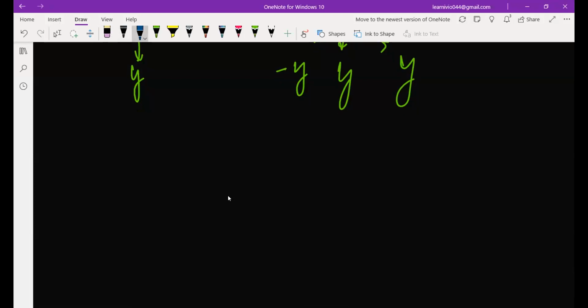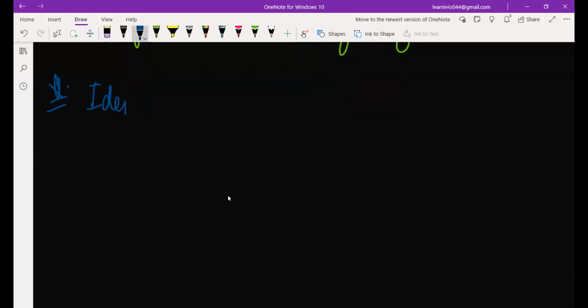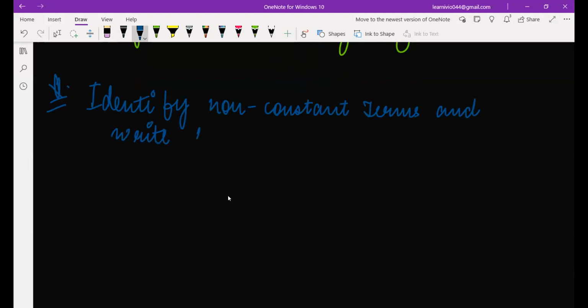Okay. We come to the next question. Identify non-constant terms and write their coefficients.